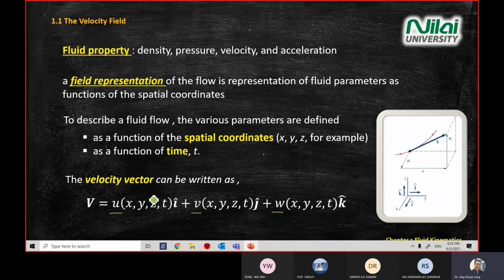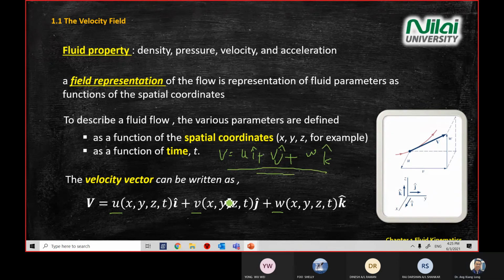Normally, when we write equations, we seldom write out this function. We normally will write V equals u i hat plus v j hat plus w k hat. Okay, I think this one you are familiar with.